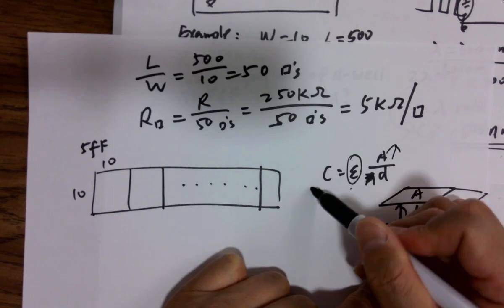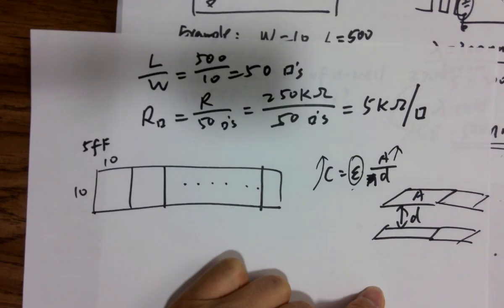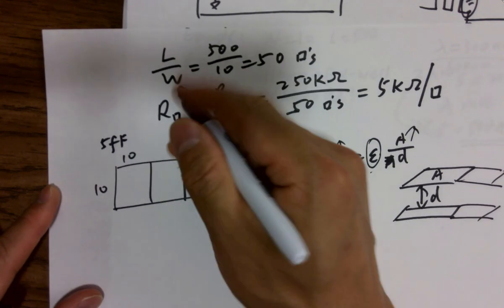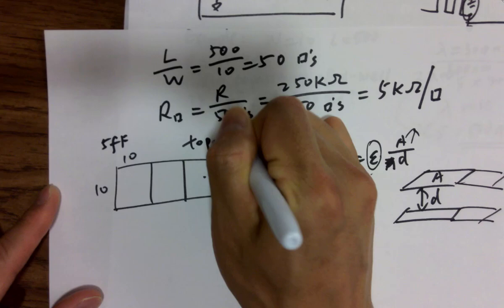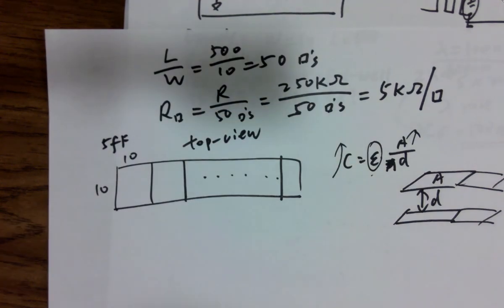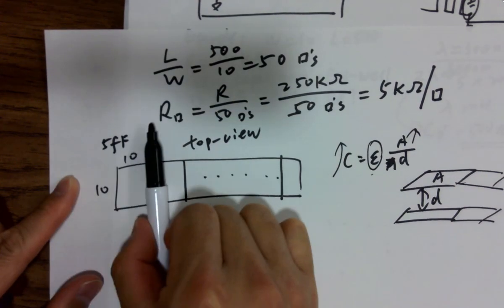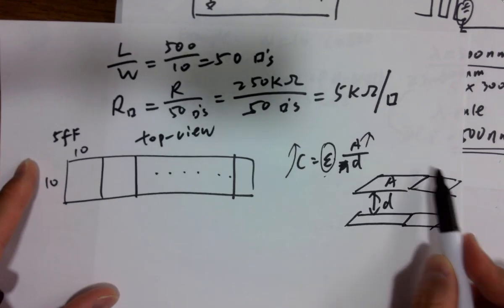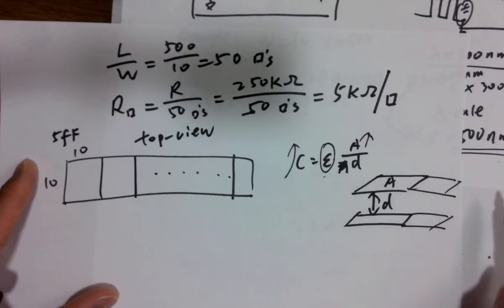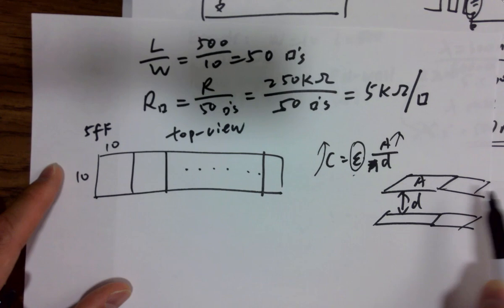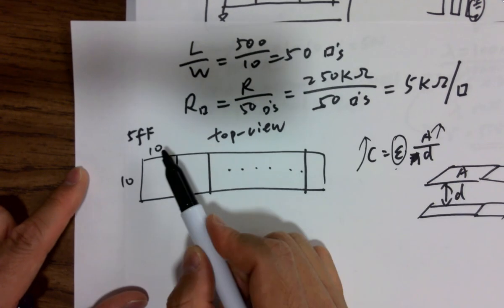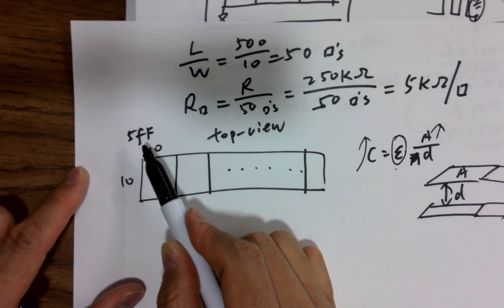If this goes up, this goes up. Here's the N-well sheet from the top. When I'm putting more squares next to it, it's basically putting more area next to it. It's actually increasing the area. If you have 50 of these squares, you actually have 50 times the capacitance.